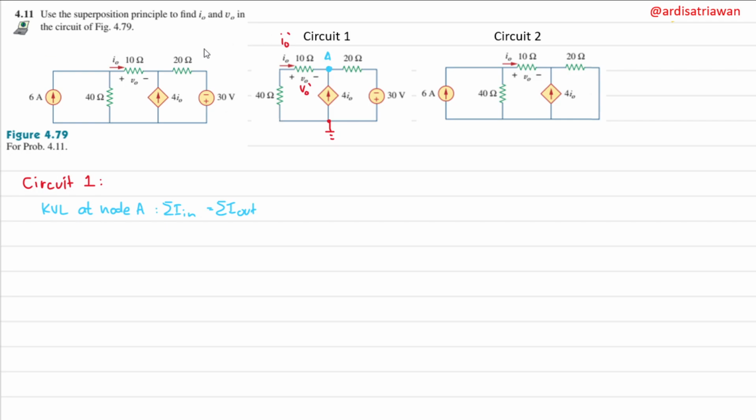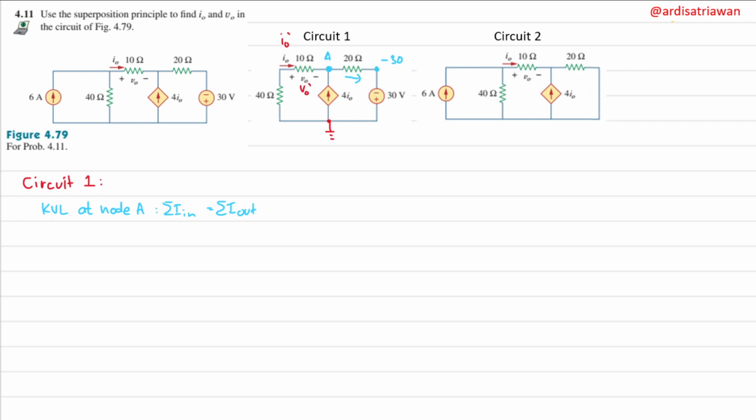And let's assume the direction of the current. We are given here I0, and for this one maybe I will assume that the direction will be there. And for this one, it's minus 30 volt from ground.